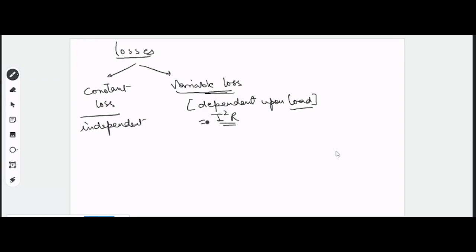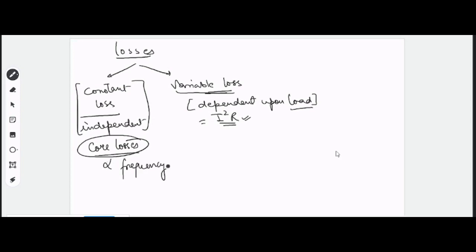So these losses depend upon the value of I, which depends upon the load, right? If you put more load, the current drawn from the supply by the motor will be more, right? That's why these losses will be variable losses. Contrary to this, the core losses are the fixed losses, right? They hardly depend upon the load, but they depend upon the frequency.